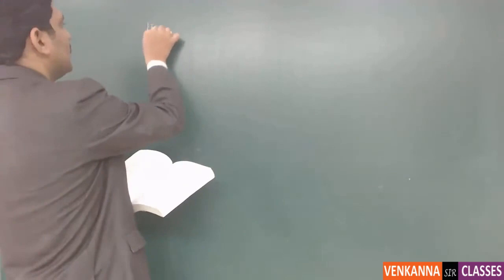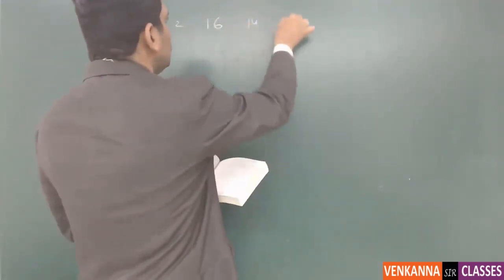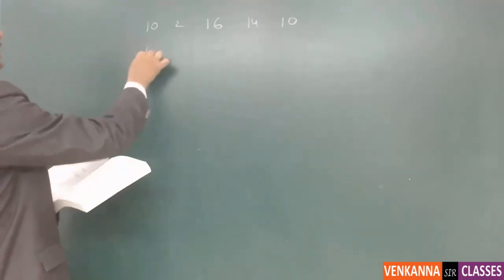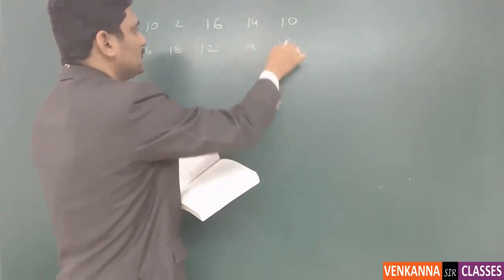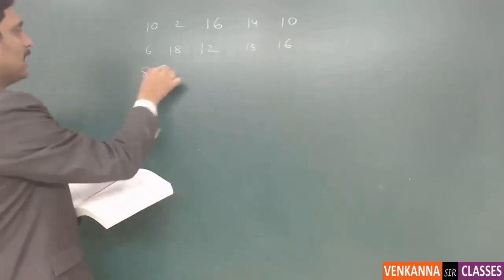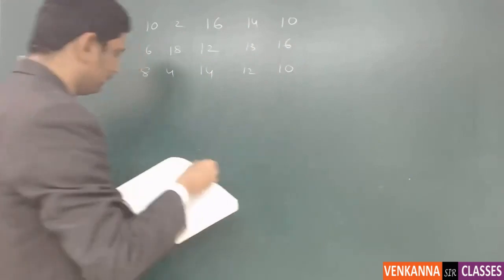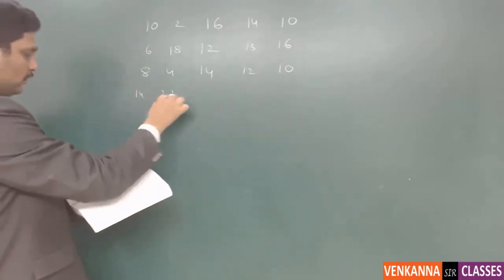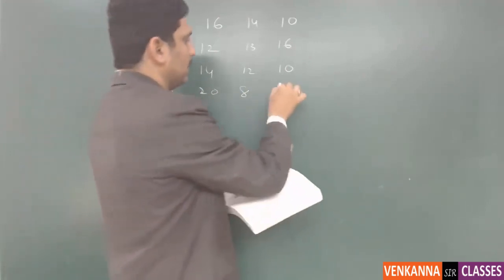Just hold for a second. I am going to take the problem which is unbalanced. So 10, 2, 16, 14, 10, 6, 18, 12, 13, 16, 8, 4, 14, 12, 10, 14, 22, 20, 8, 18.